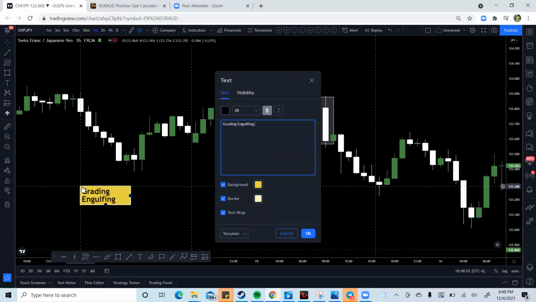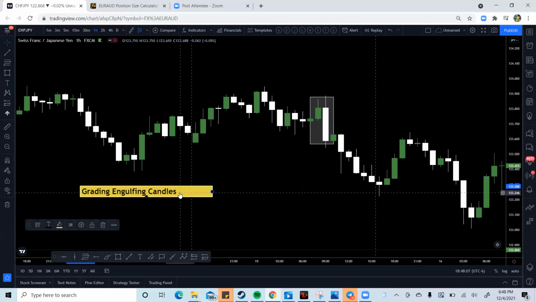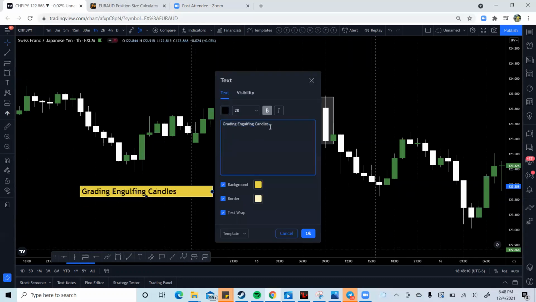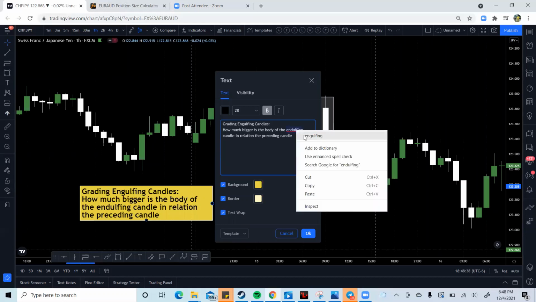engulfing candles. So these are questions you want to ask. How much bigger is the body of the engulfing candle in relation to the preceding candle? That's question number 1.